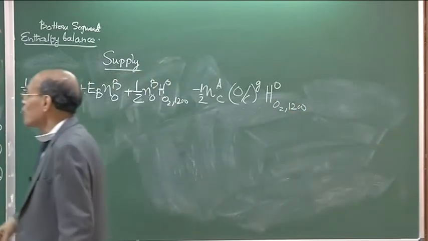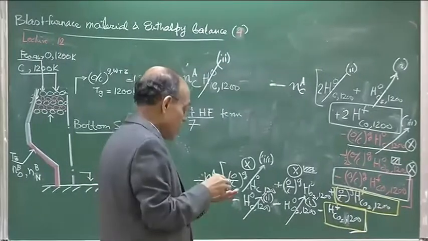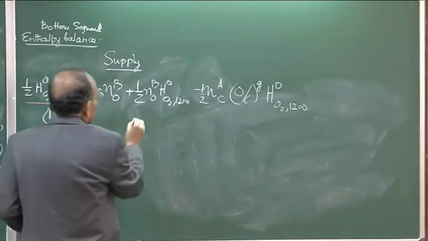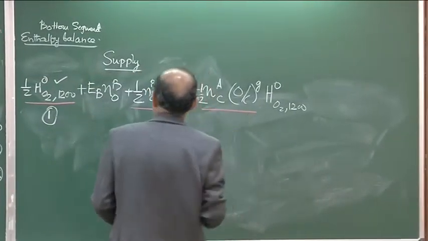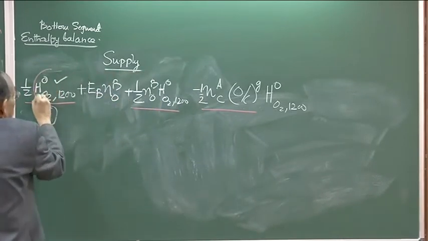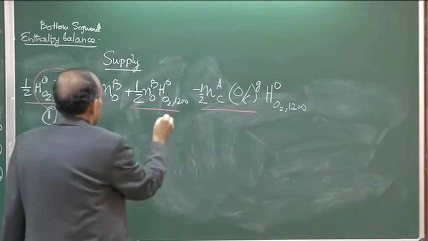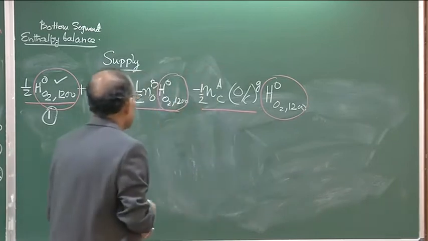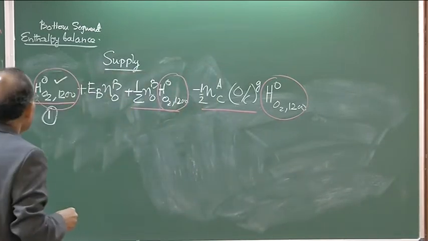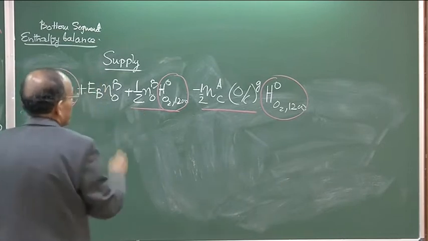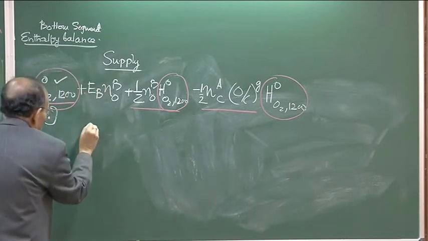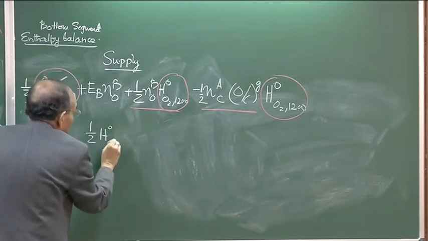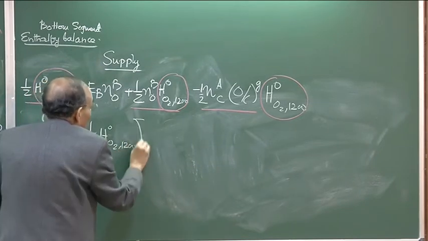So, on top of this we have 4 heat of formation terms. Now, let us see what we have here. We have these 3 terms here, 1, 2 and 3. All are associated with, it should actually be, H naught oxygen 1200, H naught oxygen 1200. They are all associated with this. Okay? And half is there. So, if you take the half, all these terms if you manipulate, you take half H naught oxygen 1200, then what you are going to get?